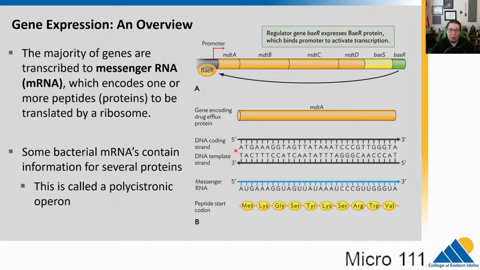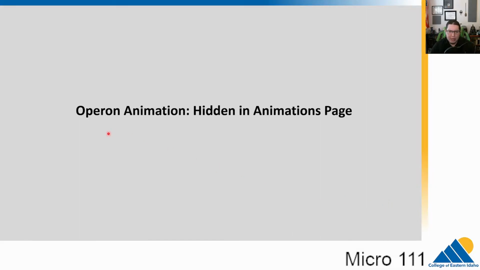So we're going to use one of these DNA strands as a template to make an RNA here. That RNA then goes out and finds a ribosome, which translates it into a string of amino acids, which is our protein here. So let's take a look at an animation about operons. This one is actually weird. It's like hidden in the textbook's animation page, so I'm going to show it here.